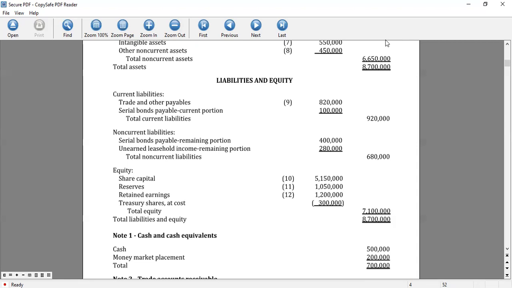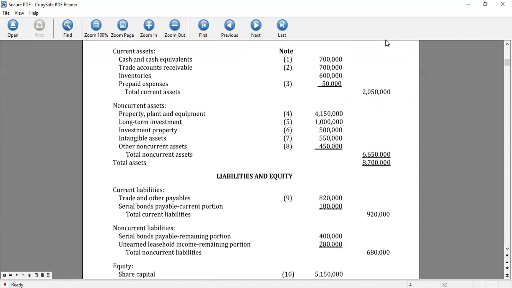So the cash properly classified as current asset is only 500,000. Then we add the money market placement of 200,000, for a total of cash and cash equivalents in note number 1 of 700,000. Take note that we have excluded the restricted foreign deposit of 300,000.